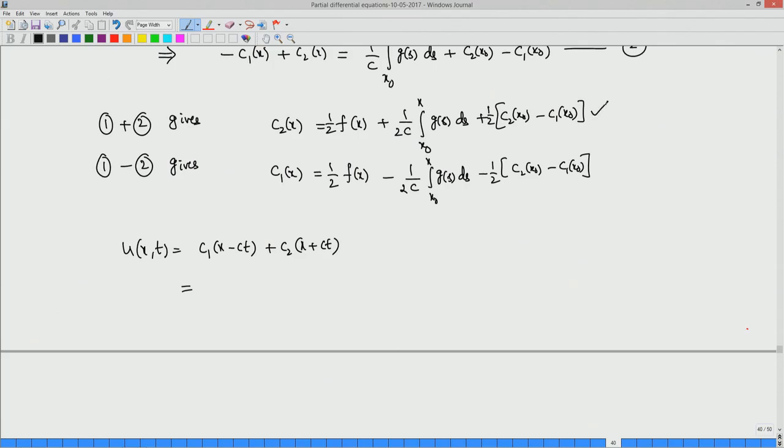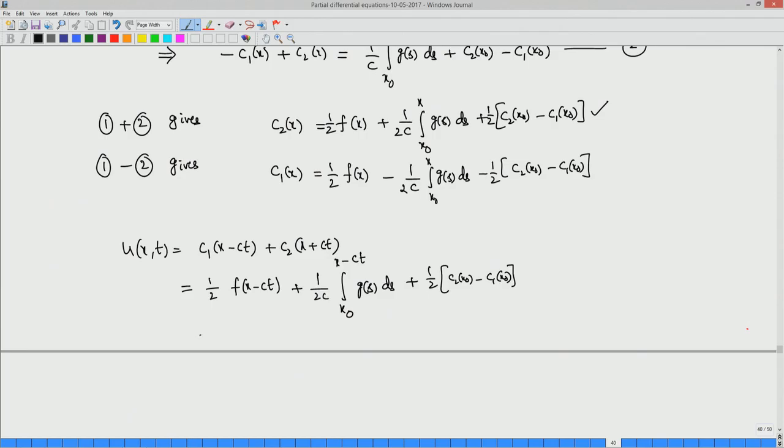In the place of x, you put x minus ct. What you get is f at x minus ct plus 1 by 2c integral x naught to x minus ct of g of s ds, plus half, this is a constant so it will not change, this one half C2 at x naught minus C1 at x naught.